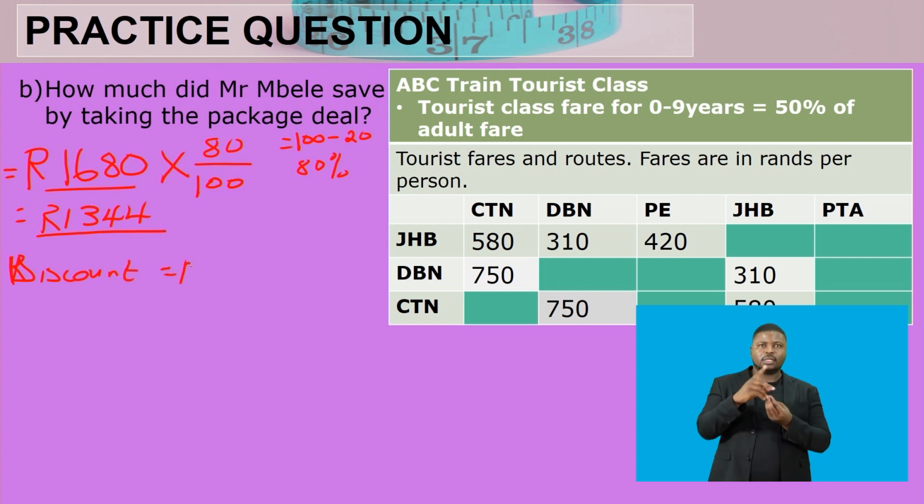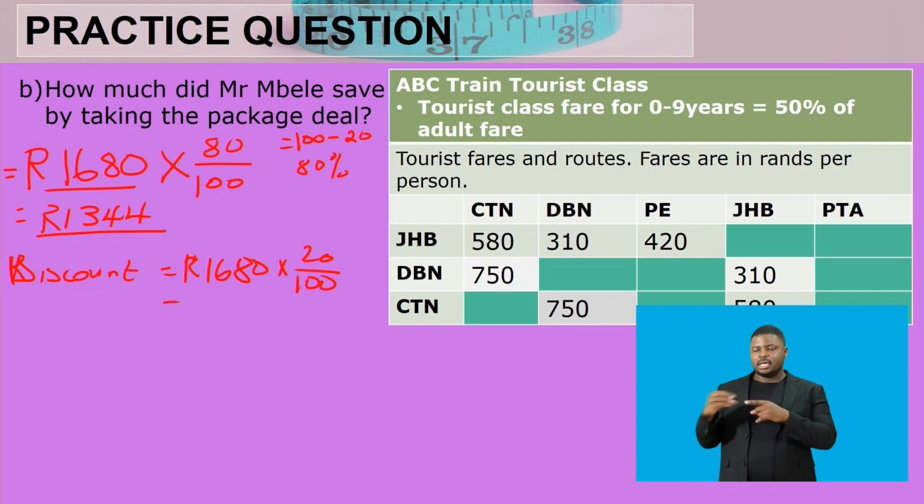Let me write it nicely. 1,680 times 20 over 100. What is 1,680 times 20 divided by 100? We get 336.